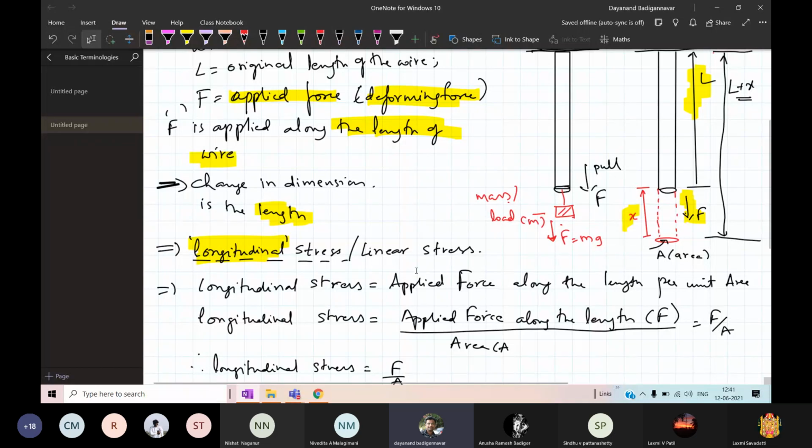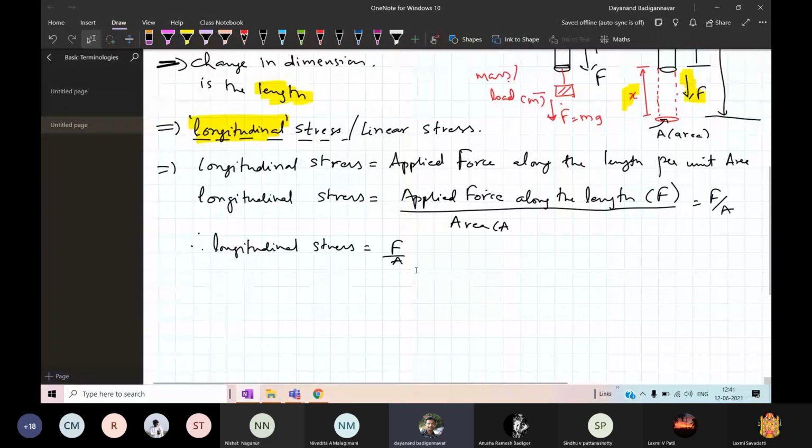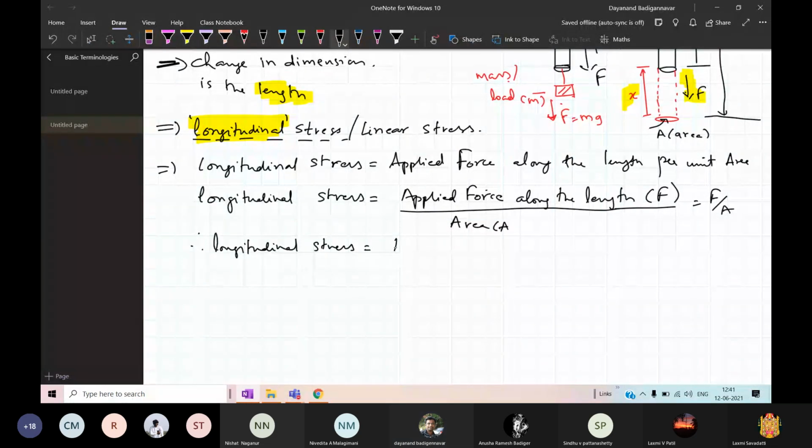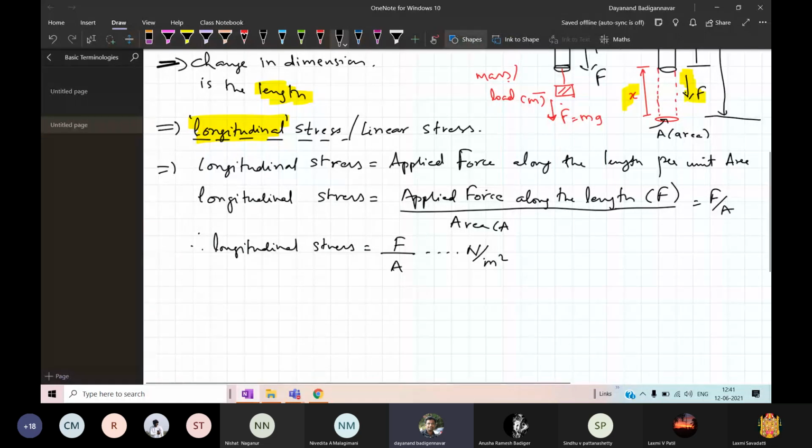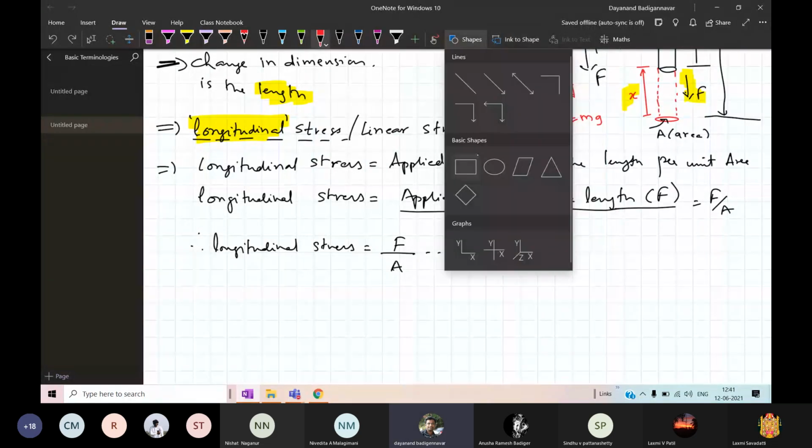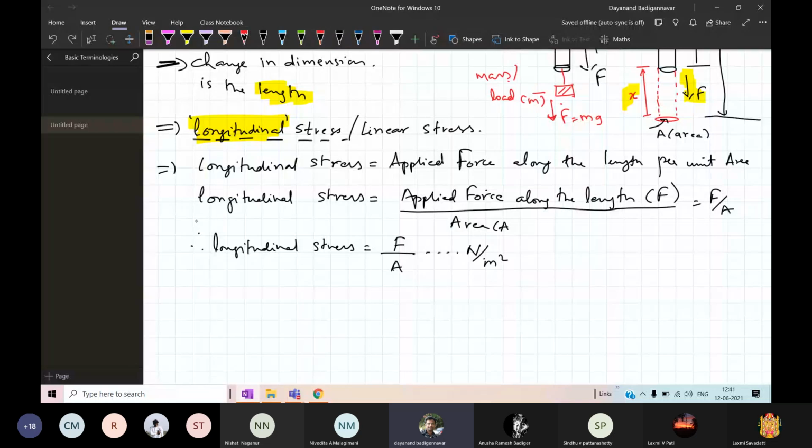So what is the unit for stress? Anybody? Longitudinal stress. Newton per meter square, sir. It is the same for all, Newton per meter square. Whatever the type of stress it may be, it is the same. The only thing is that the force applied is along the length. Therefore, the longitudinal stress is defined like this.